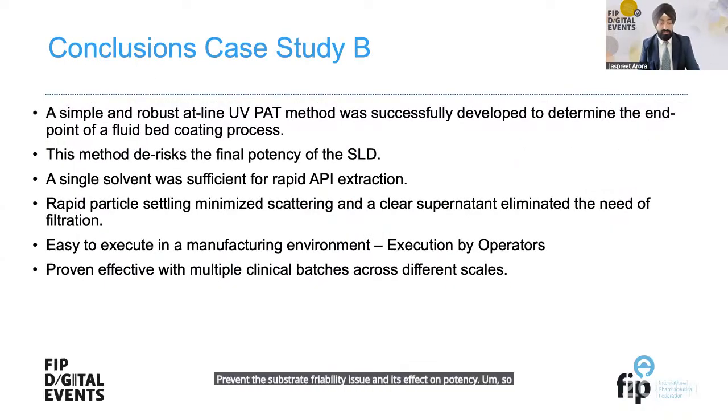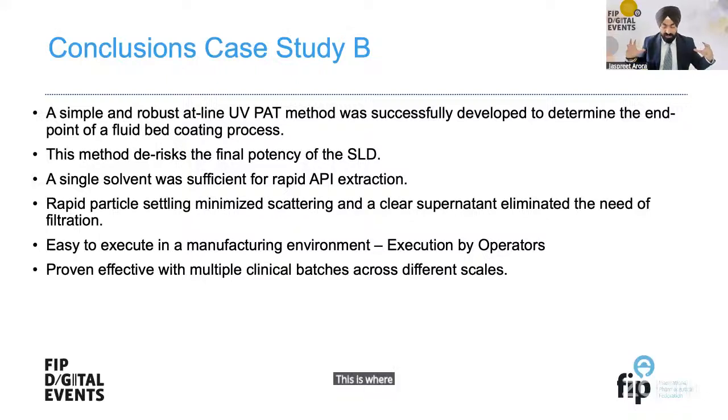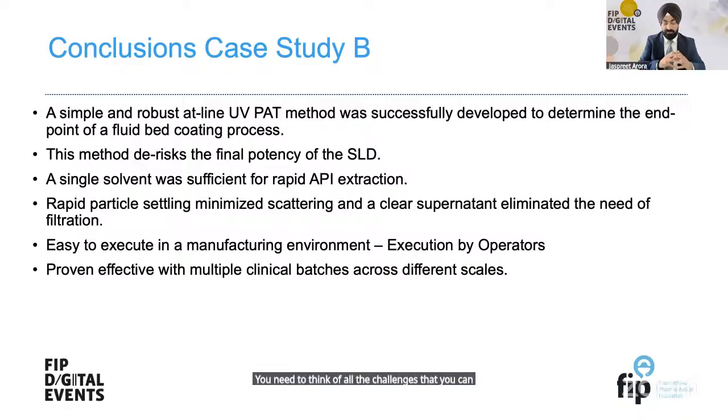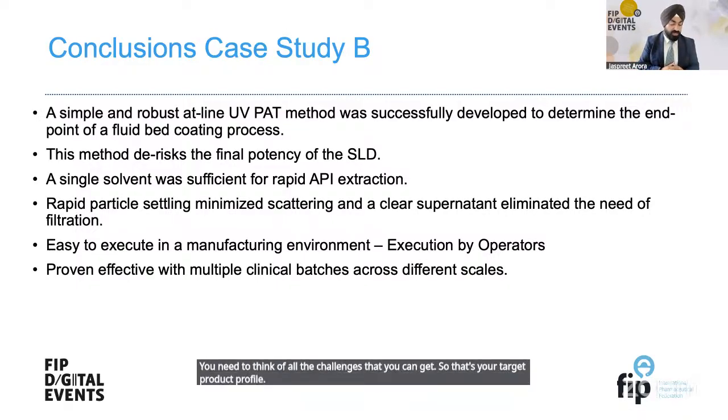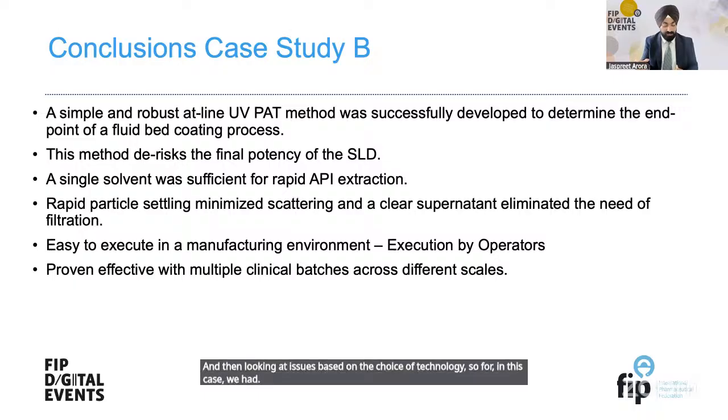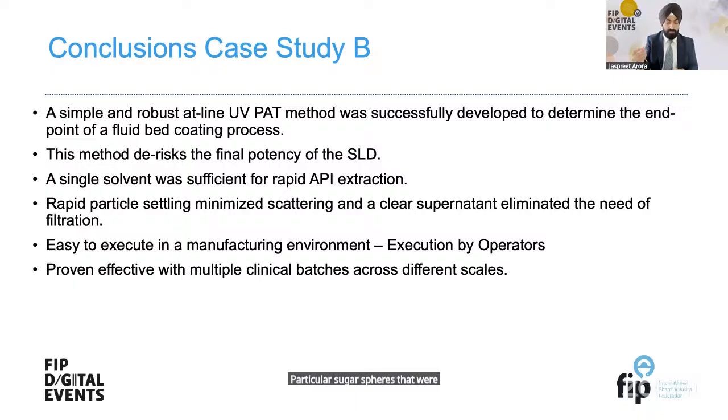So to quickly conclude case study B, this is where when you're thinking about developing a multi-particulate or any drug product, you need to think of all the challenges that you can get. So that's your target product profile. And then looking at issues based on the choice of technology. So in this case, we had particular sugar spheres that were small in particle size that were prone to variation in friability batch to batch, which could lead to different potencies of the batches.